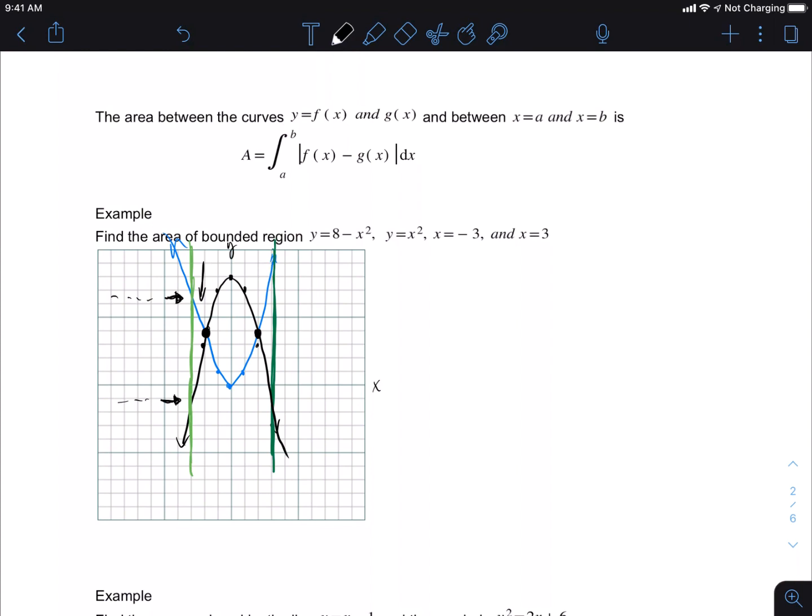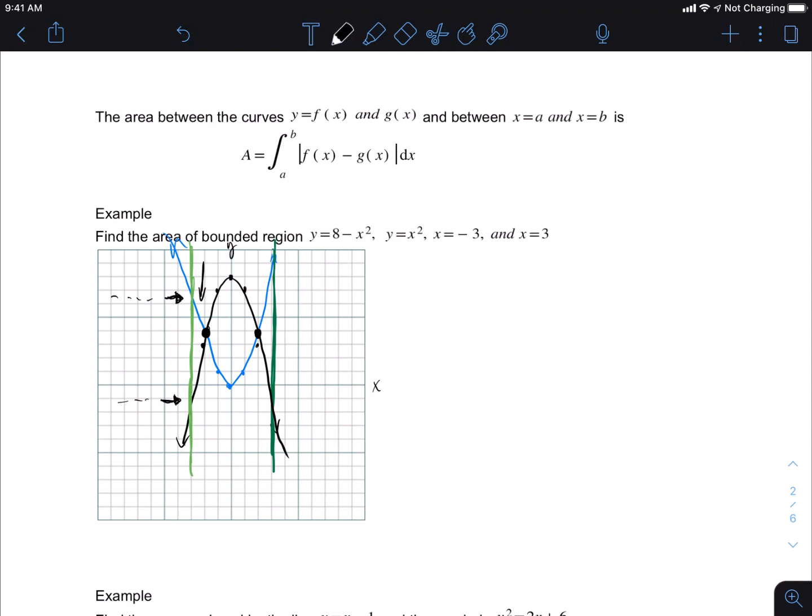When you use absolute value, people can get confused, so just remember to do top minus bottom, okay? But you need to be able to find out where it's changing.